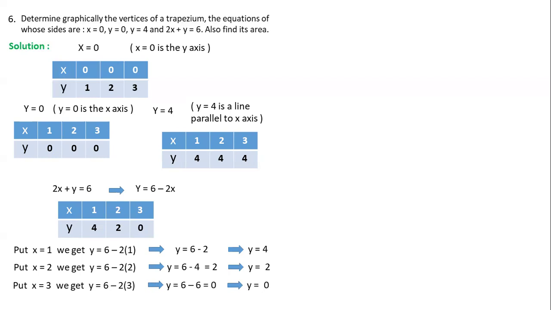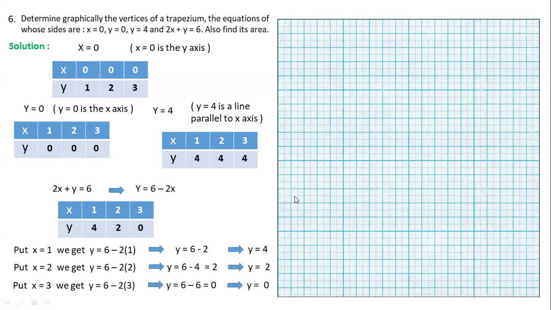X is 3, y is 0. So we have calculated the three values for each of the four equations. Now let us take our graph sheet and see how the figure looks. This is a graph sheet. X-axis, vertical line, y-axis. Now let us first put the values.